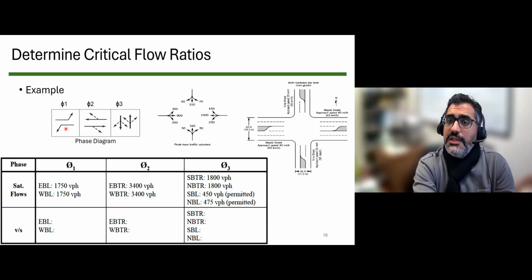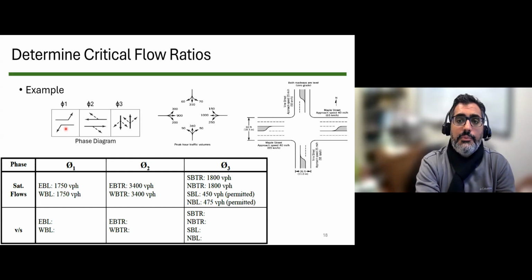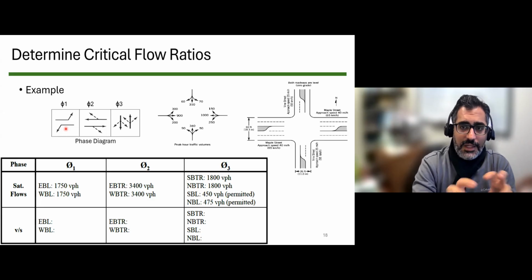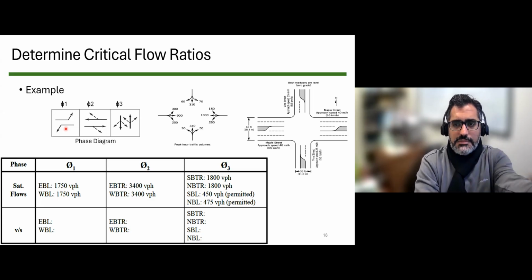By the way, everything that I'm talking about here is pre-timed signals. So from now on, all these calculations for green allocations and cycle length are based on a pre-timed signal.